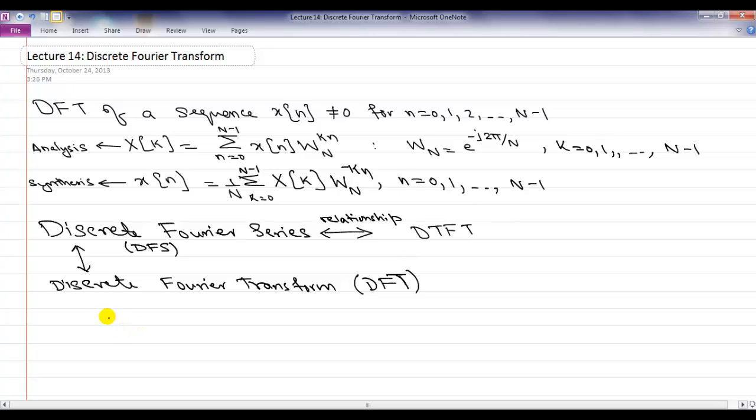So what is discrete Fourier series? As all Fourier series go, whether discrete or continuous, discrete Fourier series is defined for periodic sequences. So it's discrete, we are talking about sequences, but DFS is defined for a periodic signal or sequence.